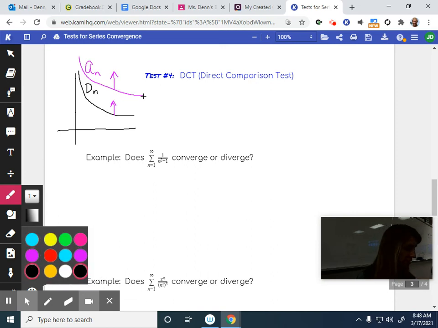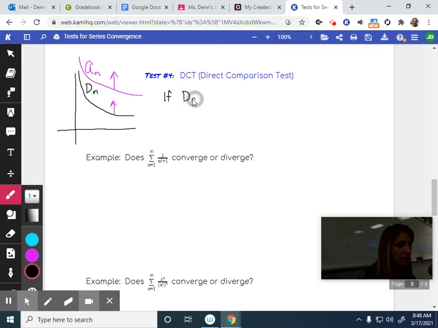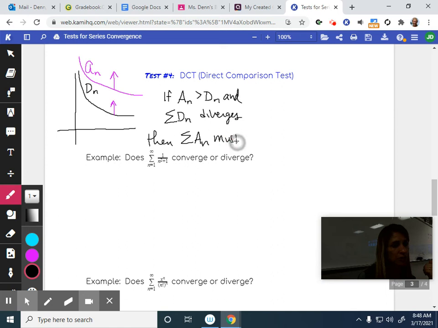So the first part of this says, if a sub n is bigger than d sub n, and the series d sub n diverges, then the series a sub n must also diverge. It makes so much sense in spoken English. It doesn't always seem as easy when we do a problem.